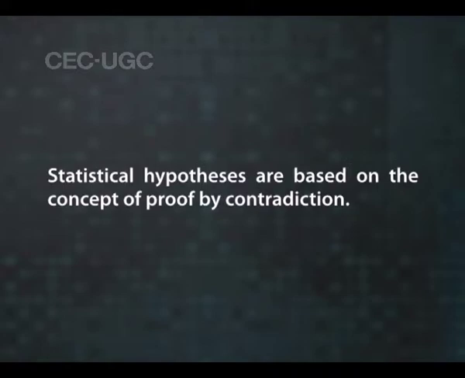Null hypothesis. A statistical statement that no difference or relationship exists. It is a hypothesis which states that there is no difference between the procedures and it is denoted by H0. For the above example, the corresponding H0 would be that there has been no increase or decrease in the mean.